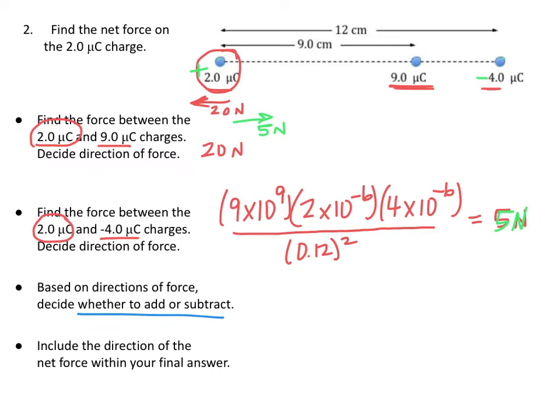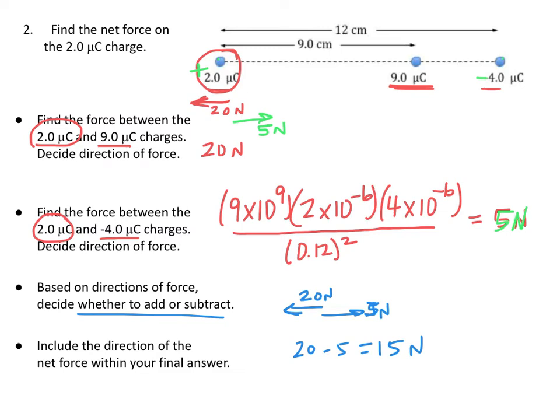And I like to do a lot of scribbling like this. So I have 20 newtons to the left. I have 5 newtons to the right. You might remember this from first semester. If you have forces pointing in opposite directions, you have to subtract those forces. And so we would end up with 15 newtons. And then we'd want to give a direction to that.